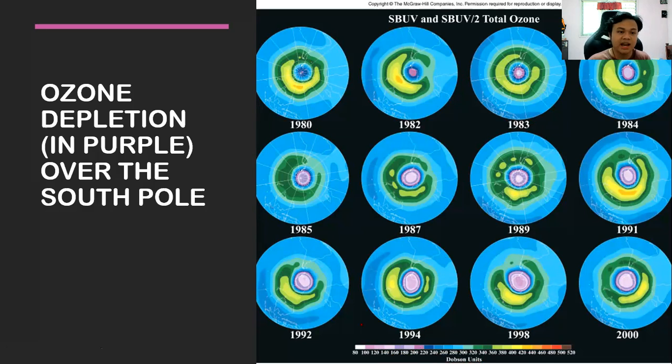That is why it is called an ozone hole, because the concentration of ozone in that area is relatively smaller than the surrounding area. And the red is the highest concentration. This is taken through the years. So if you notice, the hole is really big.